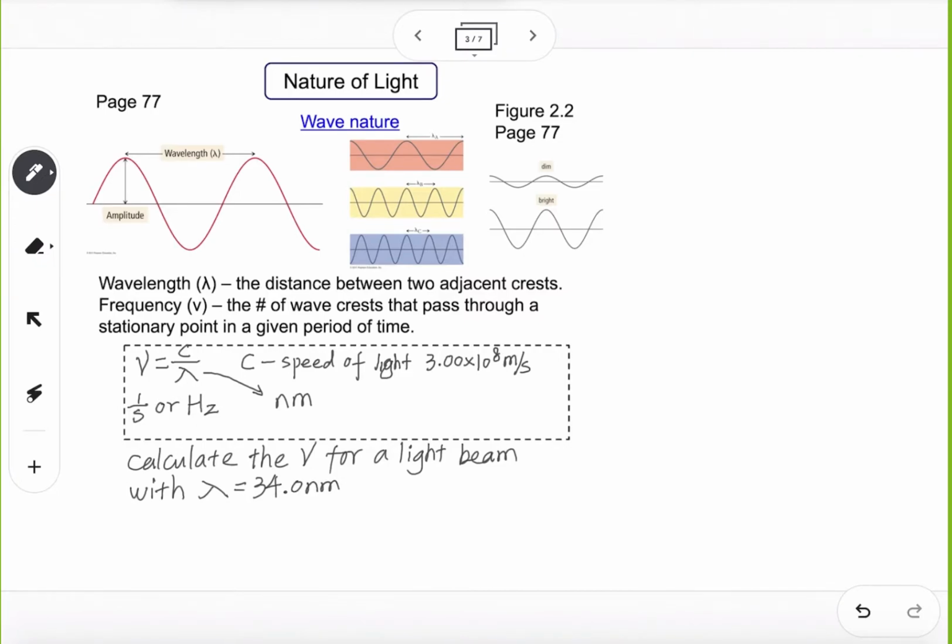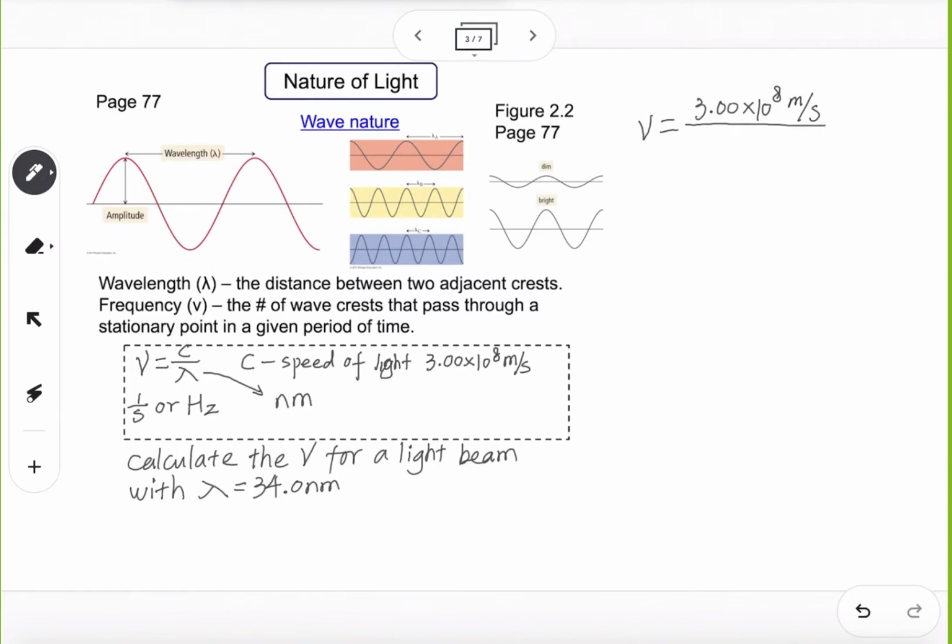What you need to do is just plug those data into this equation and then calculate. I'll write on this side. So nu equals, remember, on top is the speed of light, 3.00 times 10 to the 8th meters per second.